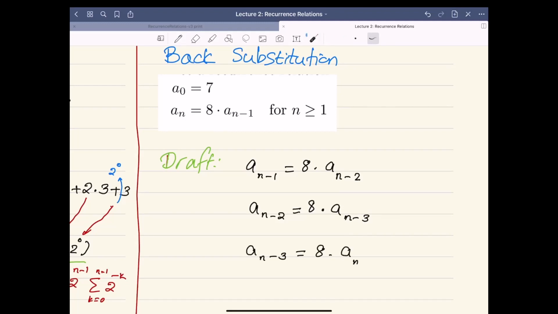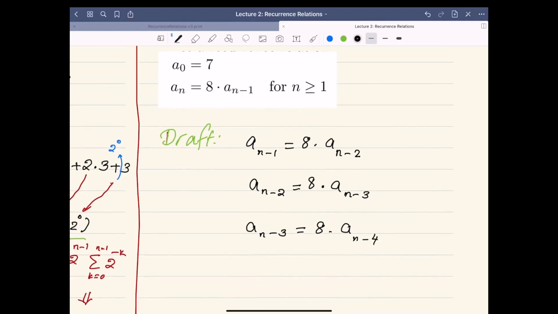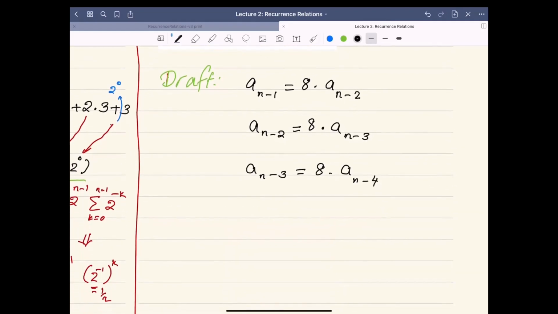So you can discover the pattern. If this is n minus 2, this is n minus 3, the last one will be n minus 4. Now if I ask you what is an minus 4, it will be 8 multiplied by an minus 5. Leave those as a draft because you will use them for substitution.